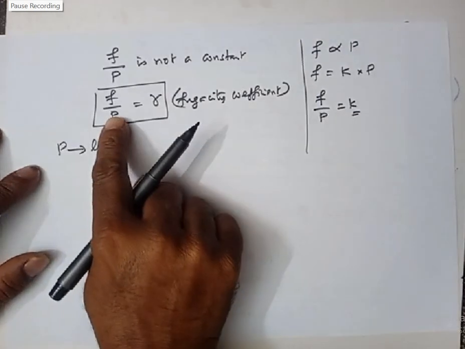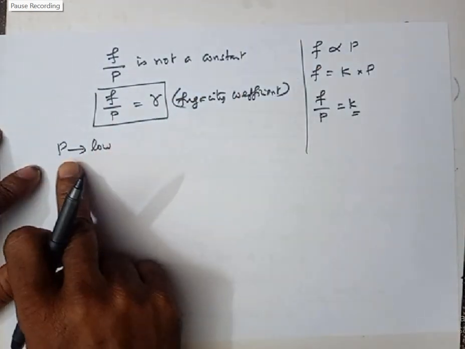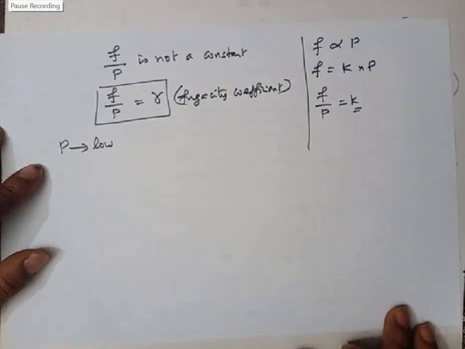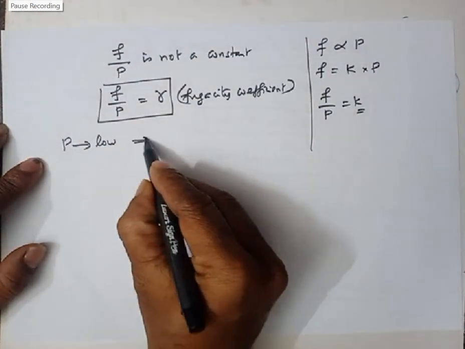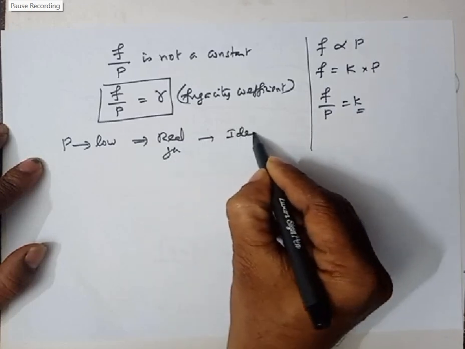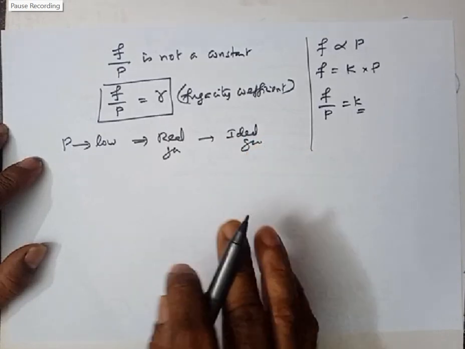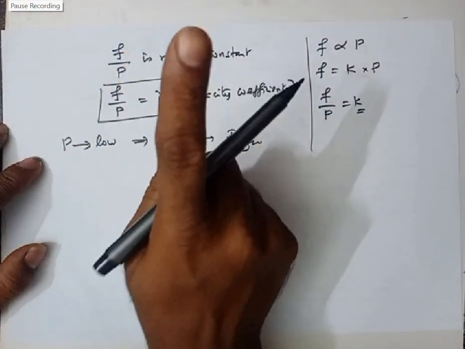Now, listen. I'll take some pressure P. I can measure fugacity. Now, if the pressure is very, very low, what will happen? The real gas starts to behave like ideal gas. If they start to behave like ideal gas, then F by P becomes equal to 1.